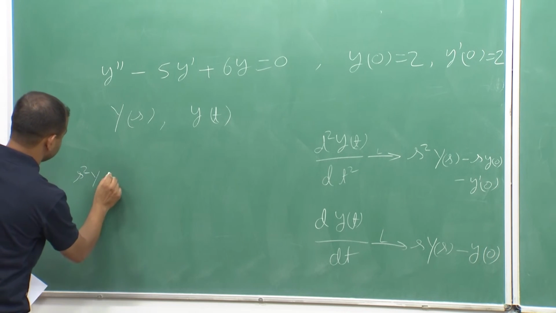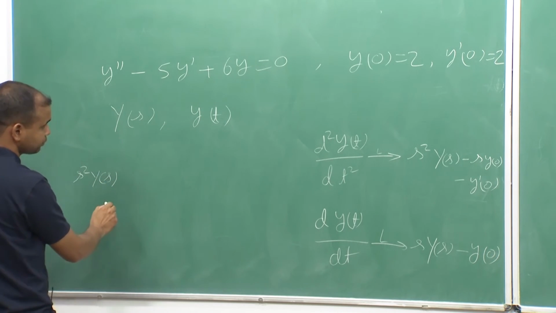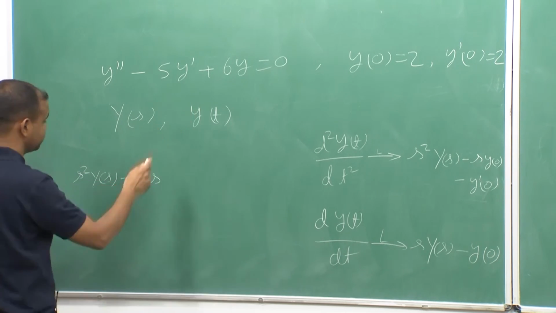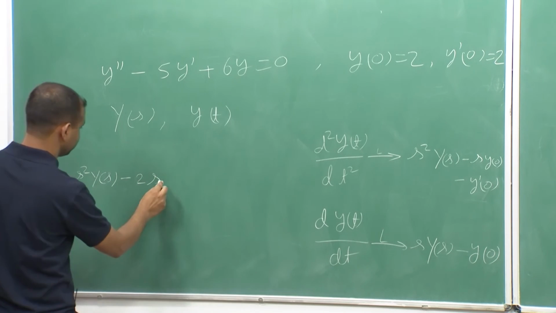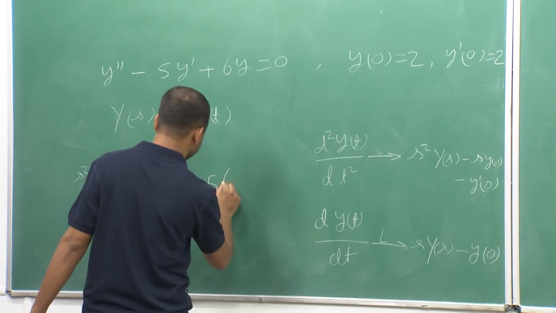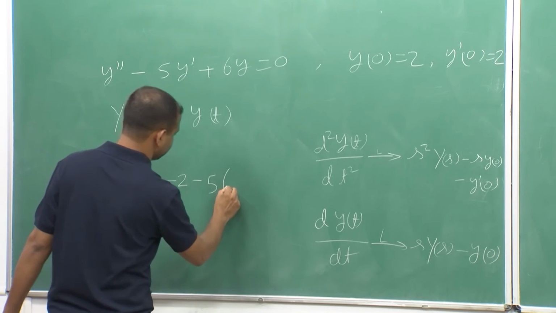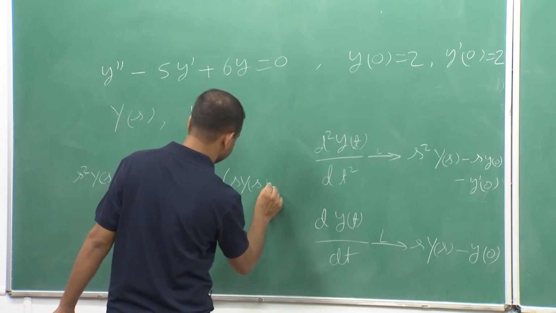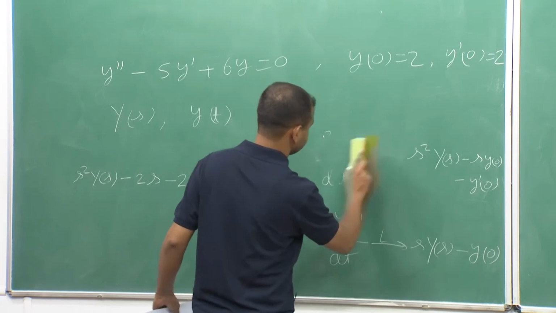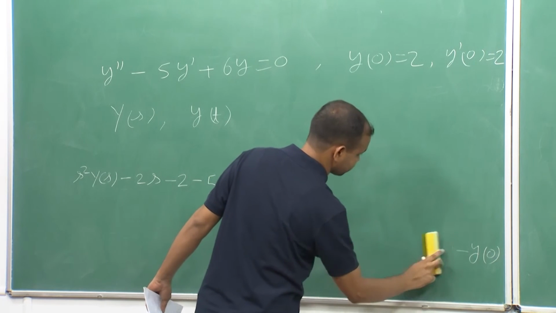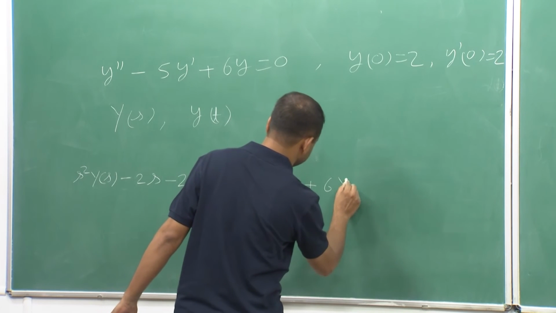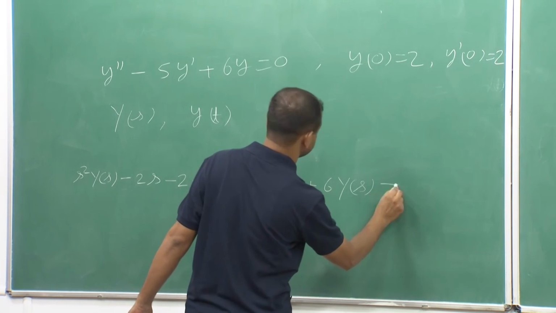So, by using these two formulas, we can write s square y of s minus 2s, since y of 0 is 2, and y dash of 0 is also 2, so minus 2, minus 5 times s y of s minus 2, plus 6 y of s is equal to 0.